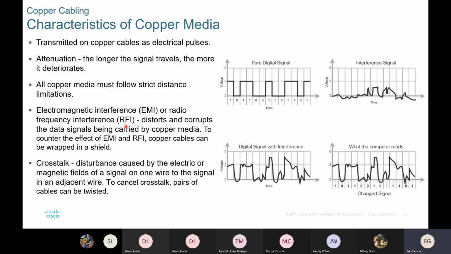Now, there is a second source of interference, which is the radio frequency interference. So who can put radio frequency interference into your UTP cable? We have several sources. For example, all the antennas that transmit will put radio frequency interference in your UTP cable.